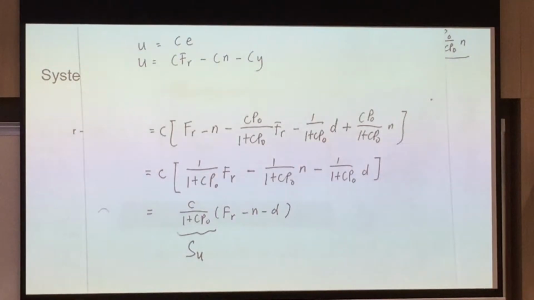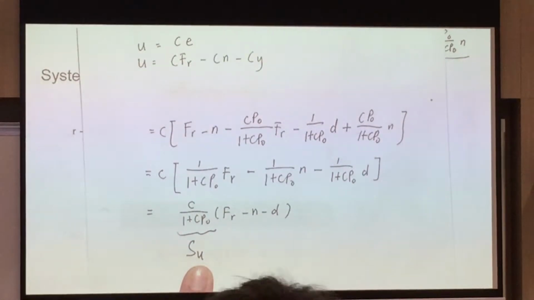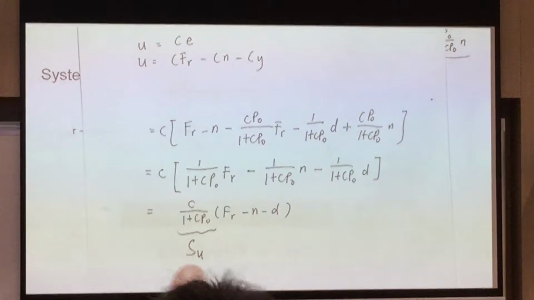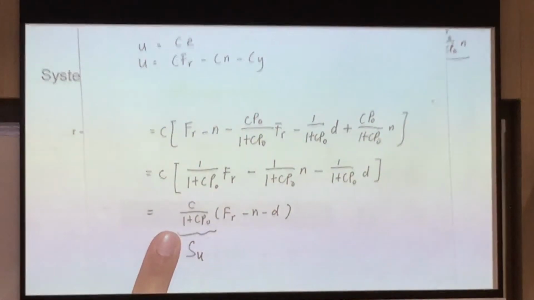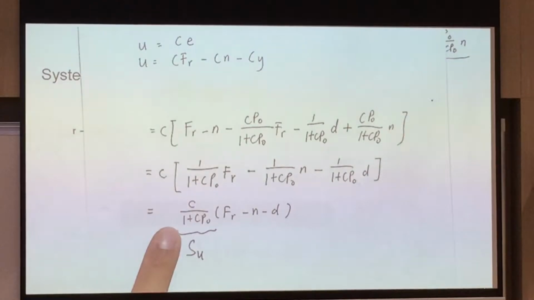Okay, and the next thing you note is SU, alright, is C over 1 plus Cp naught. Okay, SU is C over 1 plus Cp naught.